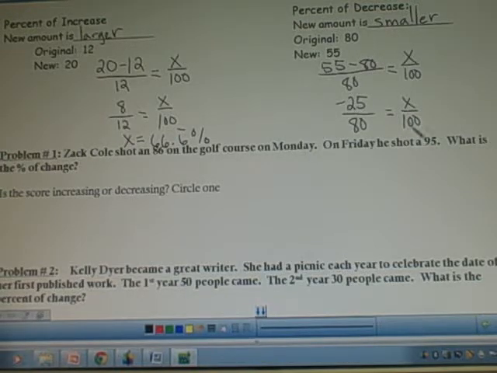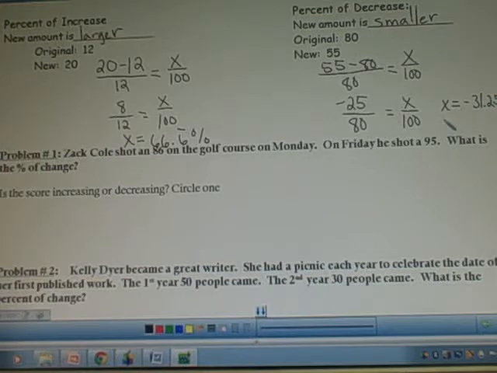Negative 25 times 100 divided by 80 will give us negative 31.25%. All the negative means is we've gone down, we've decreased.